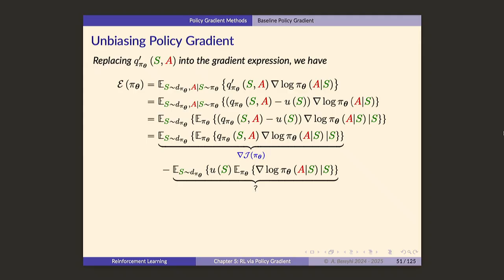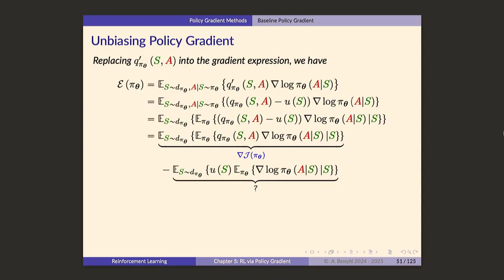The first term is Q times the gradient of log, expectation with respect to policy, expectation with respect to state. That term is simply the term you had in your policy gradient theorem. That is the right gradient that you need. The blue term that you see is the gradient that the policy gradient theorem tells you is the right gradient to use if you want to update your policy network. But what you have is that blue gradient minus the second term.